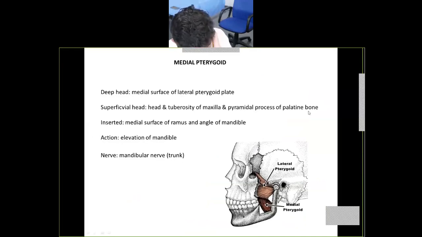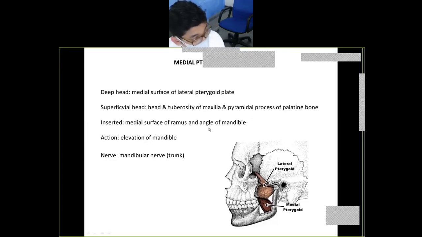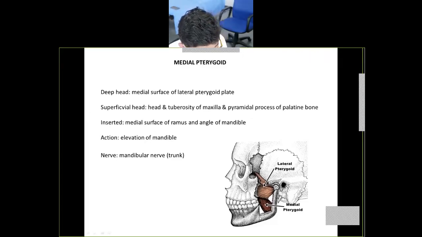The pyramidal process of the palatine we will discuss later on. They get inserted into the medial surface of the ramus and the angle of the mandible, somewhere here.